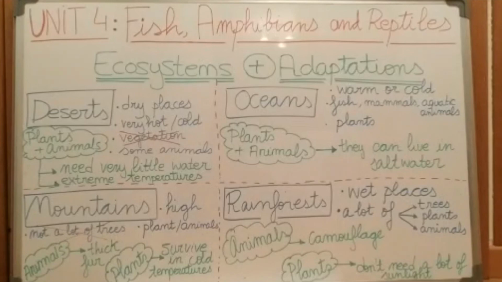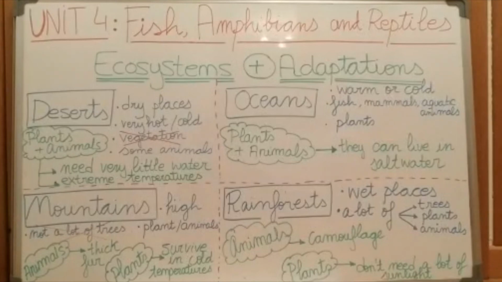And we are going to finish with the rainforest. What do you know about the rainforest? Rainforests are wet places, lugares muy húmedos. And also in the rainforest you can find a lot of trees, plants, animals. Okay, there are a lot of different types of animals.